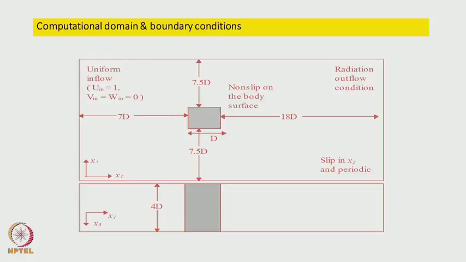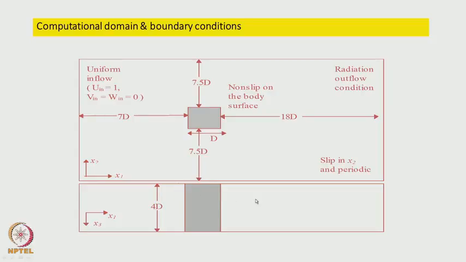So, in this domain the x3 direction is extended infinitely, and because of that the boundary condition posed is periodic, which means whatever solution happens at this end is posed at this end. Similarly, whatever solution is obtained on one side of the z direction is posed on the other side of the z direction.